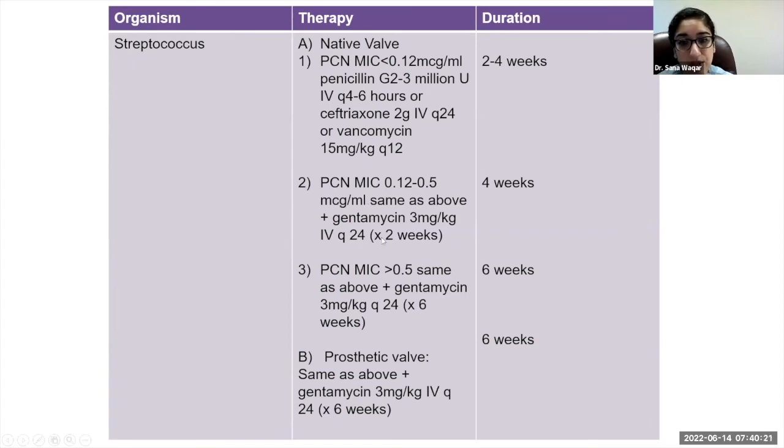And if you're using a synergy drug, do you need to do it only for 2 weeks or 6 weeks? So even though all these three scenarios will have a penicillin susceptibility as S or sensitive, you need to pay attention to the MIC because it will change management.